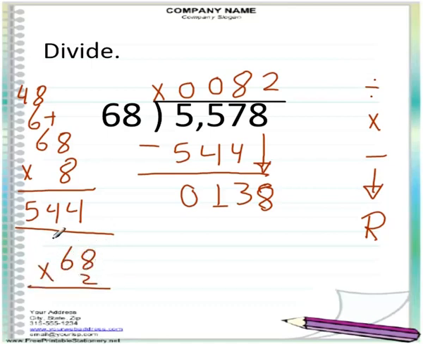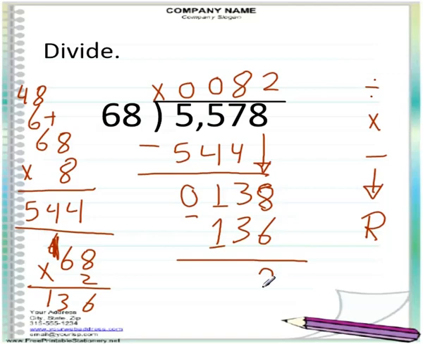2 times 8 equals 16. 2 times 6 equals 12 plus 1 equals 13. Yes, I can take it because it's less than the dividend. So 2 times 68 equals 136. Subtract 8 minus 6 equals 2, 0, 0.